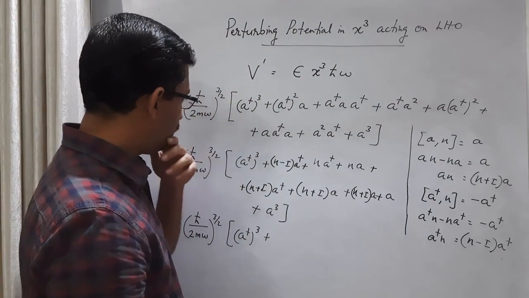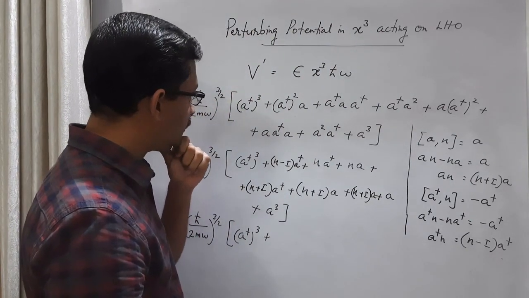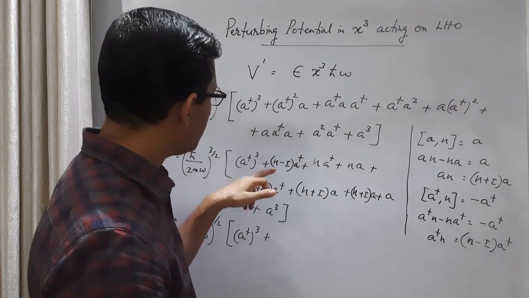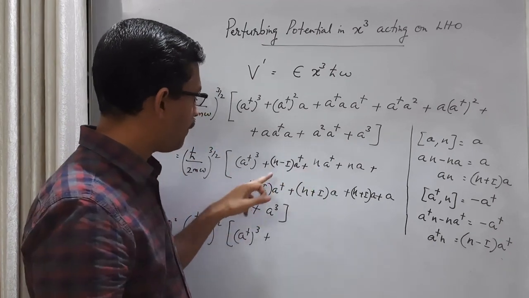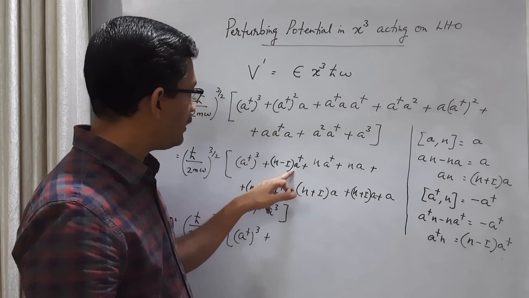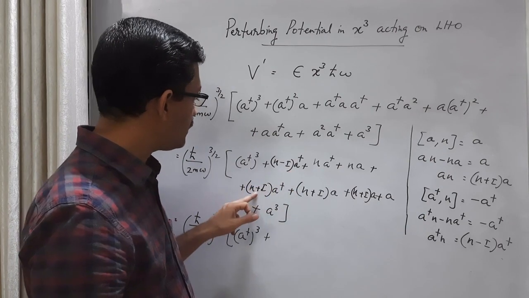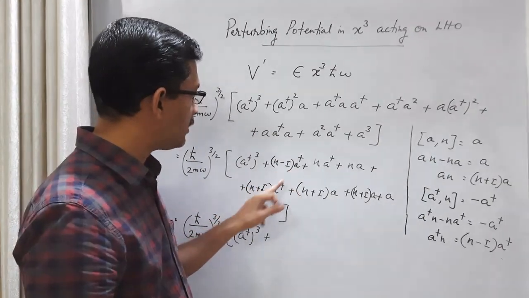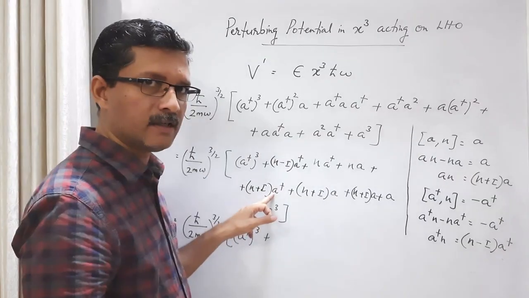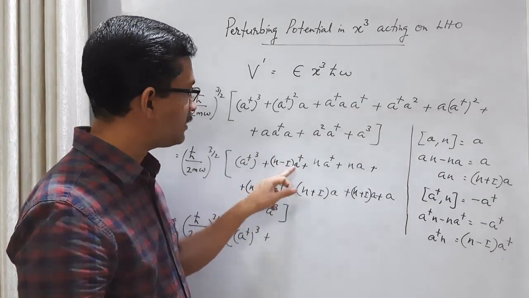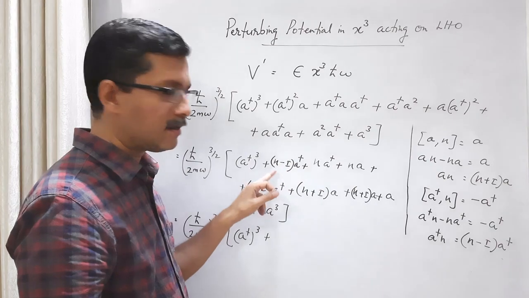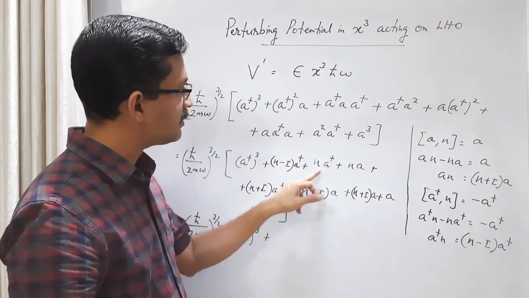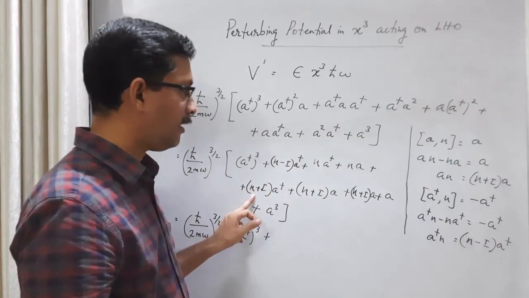Okay, so then if I combine all the terms containing a dagger to the right side, there are three terms. Now there is an n minus I a dagger, there is an n plus I a dagger. So this minus I a dagger and plus I a dagger, essentially this is minus a dagger, this is plus a dagger, will cancel. Then there is an n a dagger here, there is an n a dagger here, there is an n a dagger here.